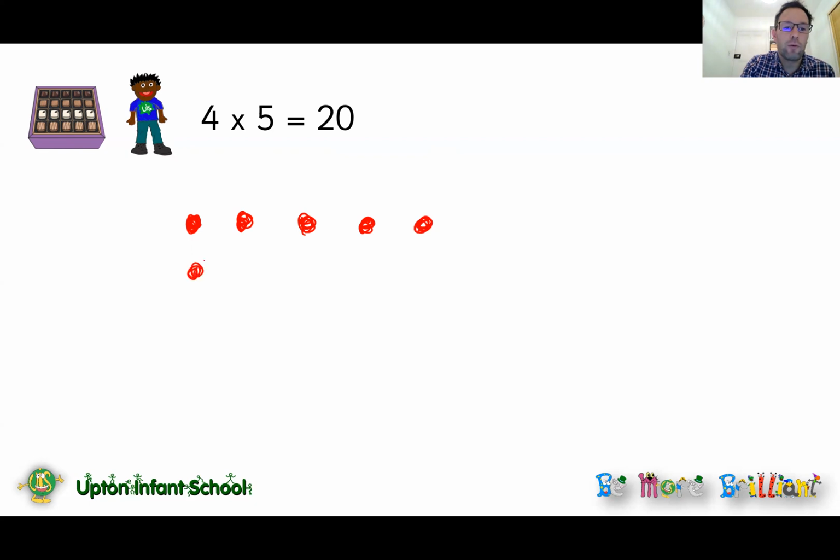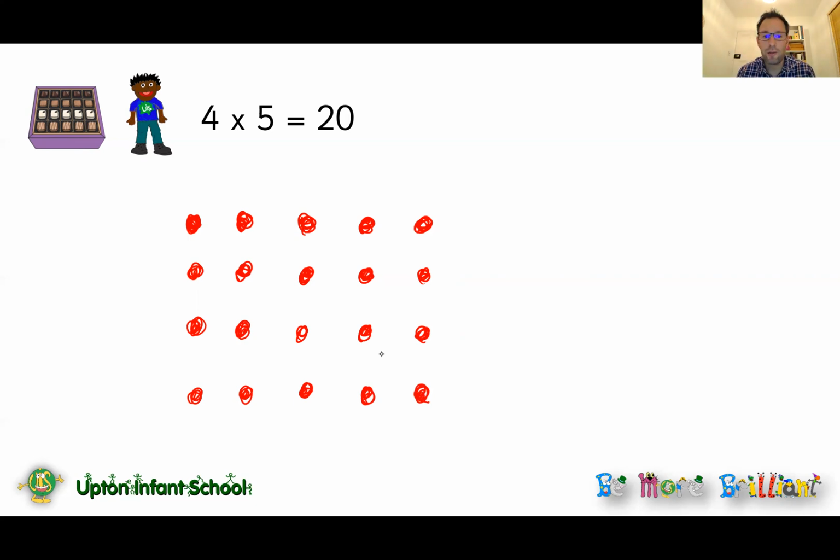Then I'm going to draw my other rows of 5. So that's 2 rows of 5. Then I've got another row of 5 chocolates. And I need to do 1 more row. So here we go. 1, 2, 3, 4, 5. And that represents the box of chocolates. And what was that word that we learned? Array.